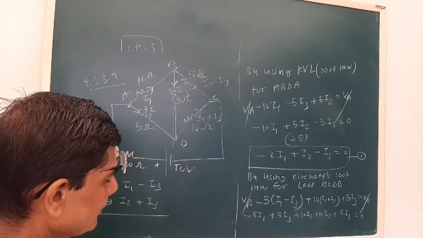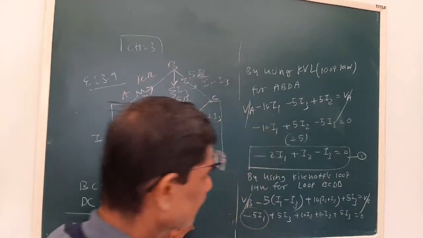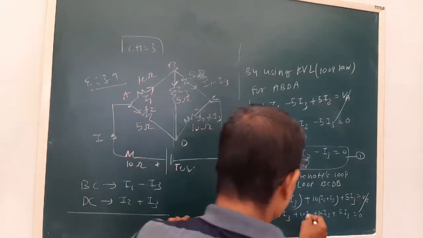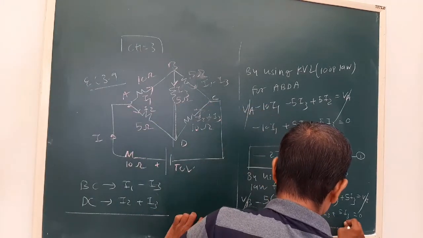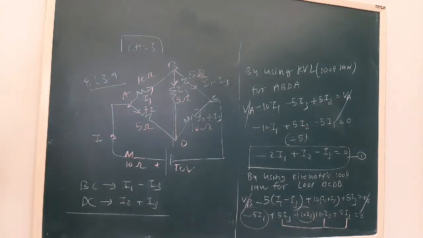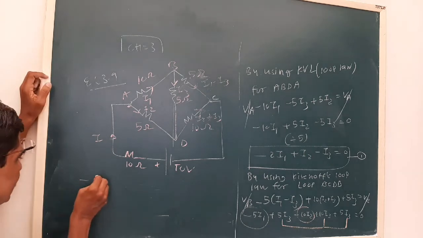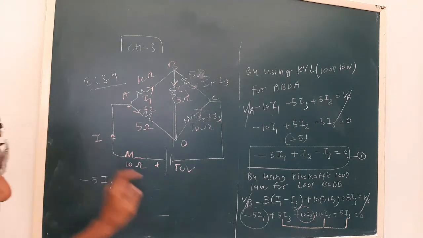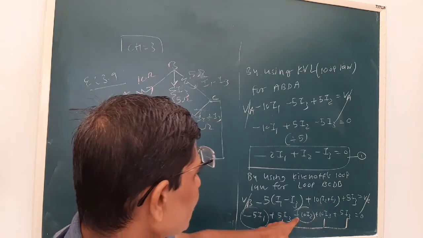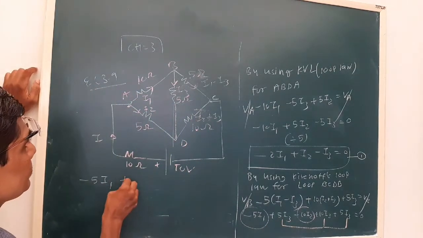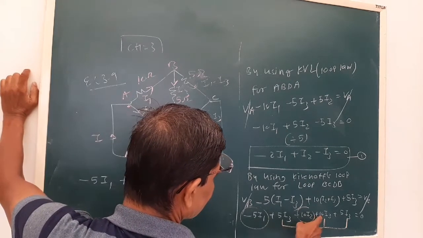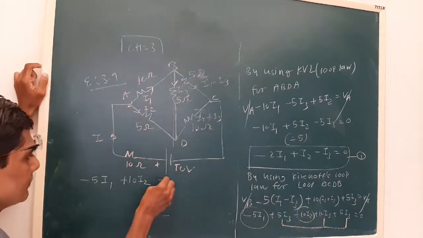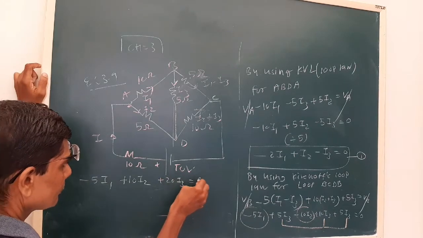Now we have to simplify. What is the term with I1? Minus 5 I1. The term with I2 is 10 I2. And the term with I3: 5 plus 10 is 15, plus 5 is 20 I3. So minus 5 I1 plus 10 I2 plus 20 I3 is 0.